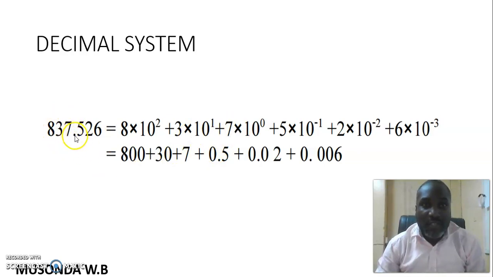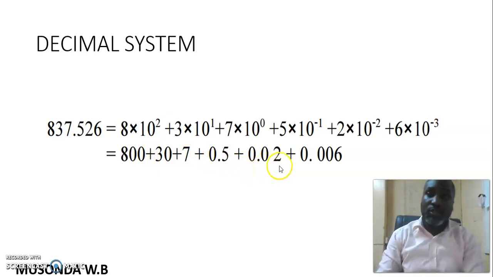Now, the moment we pass the point, which is the moment the fraction begins, we begin with our negatives. So the first one will be 5 times 10 to the negative 1, plus 2 times 10 to the negative 2, plus 6 times 10 to the negative 3. And then when all those are converted and added, they'll give us something like this: 800 plus 30 plus 7 plus 0.5 plus 0.02 plus 0.006.